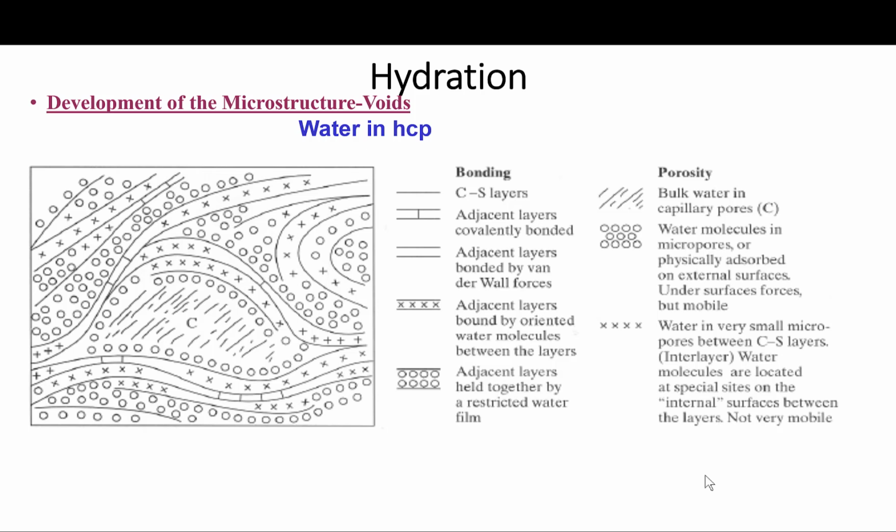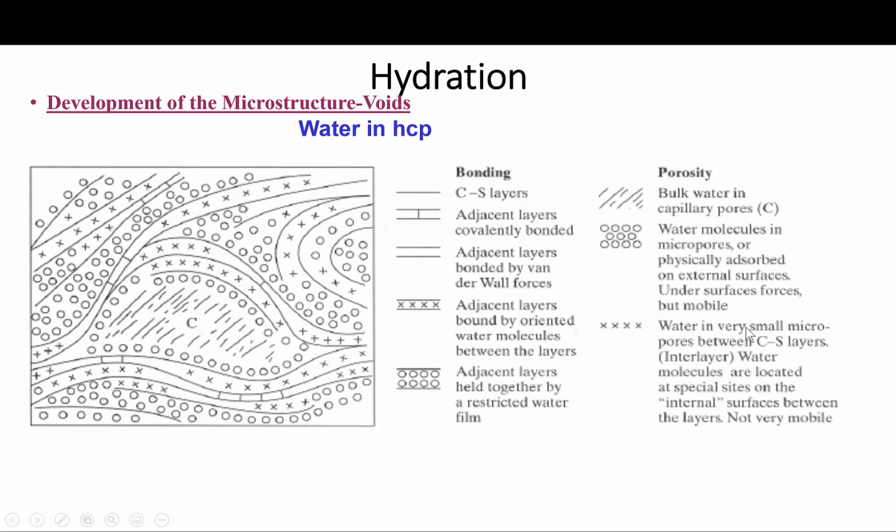And if you remember, I have shown this slide before, where the bulk water exists, for example, in the capillary pores here. We have water molecules in the micropores, or physically adsorbed on external surfaces under surface forces, but mobile.